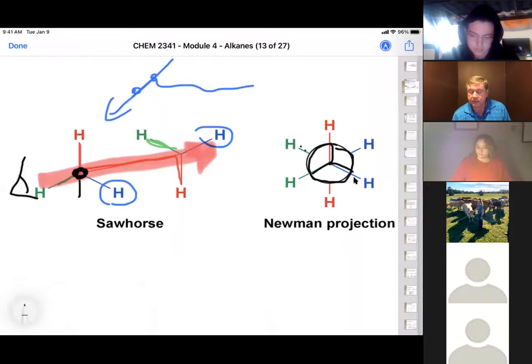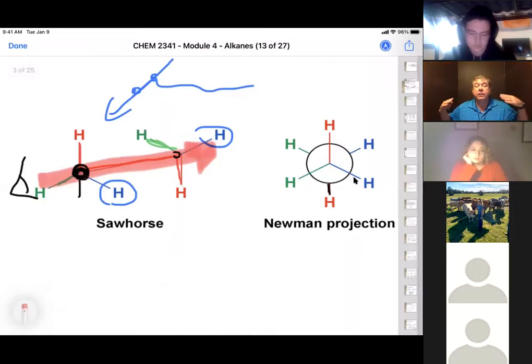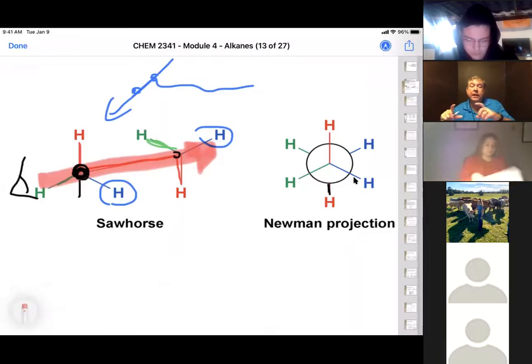That second carbon, these little hydrogens are poking out from behind the first carbon, and that's why we have that structure here. So do we see how the structure is? The three lines coming together is the first carbon we see. The three lines on the ring are the second carbon attached to the first carbon.